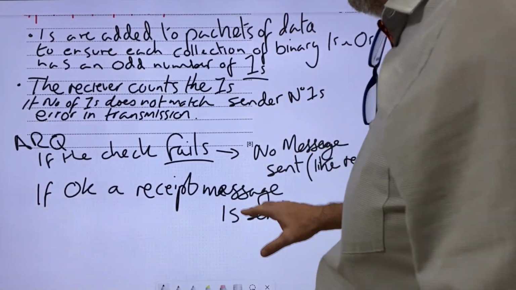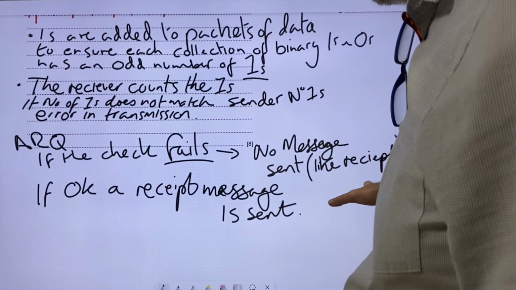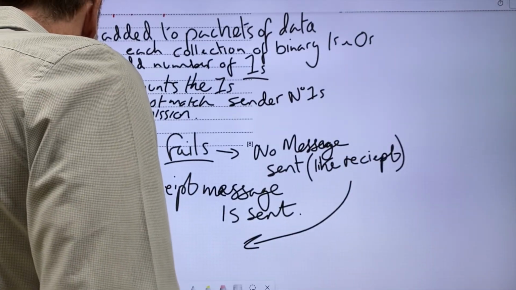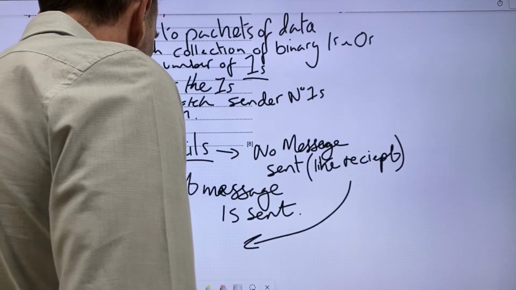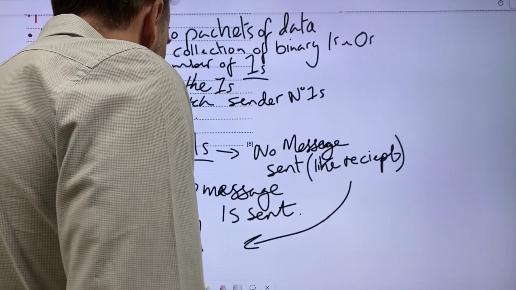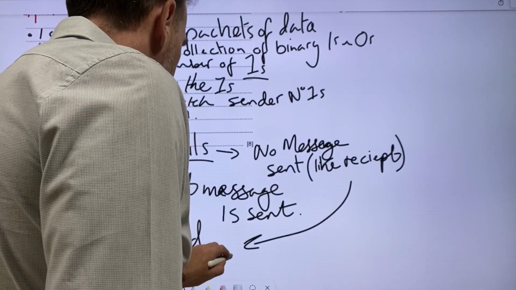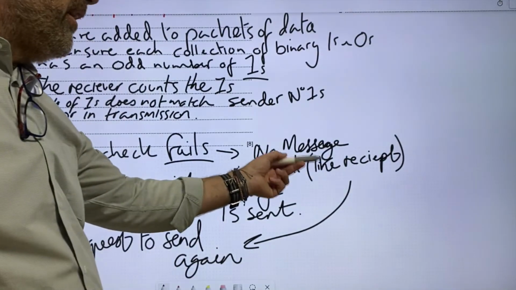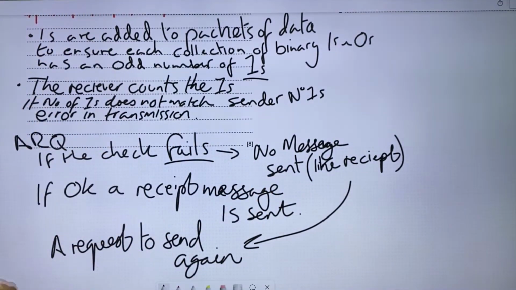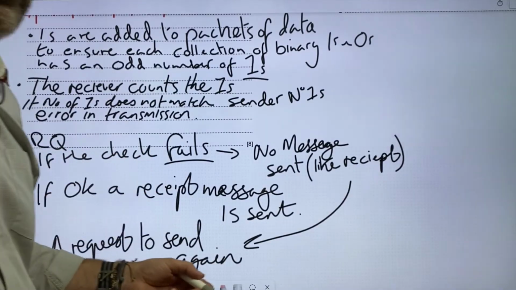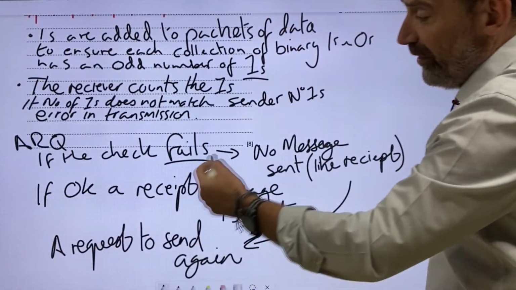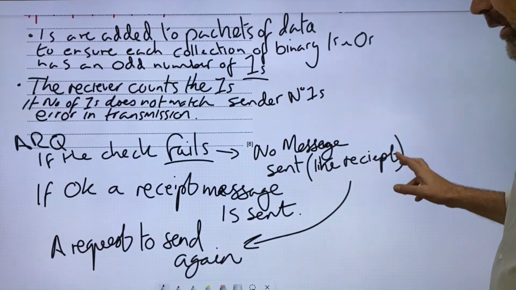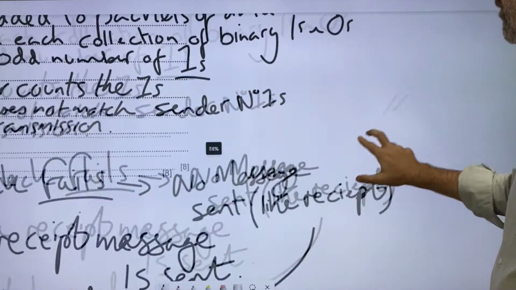So if no message is sent, this means a request to send again. It's a bit of a strange one; you'd think it was the other way around, but yeah. If no message is sent, i.e. no receipt, then that signifies a request to send again. Okay? I think that would give us 8 marks.